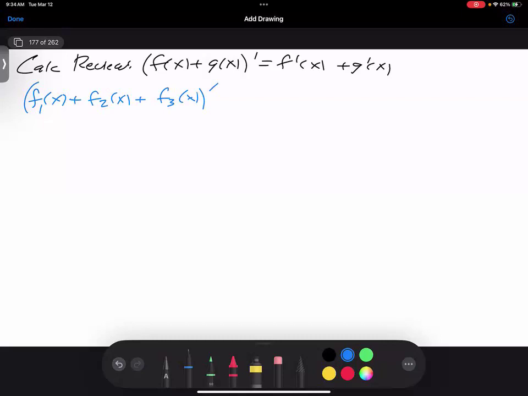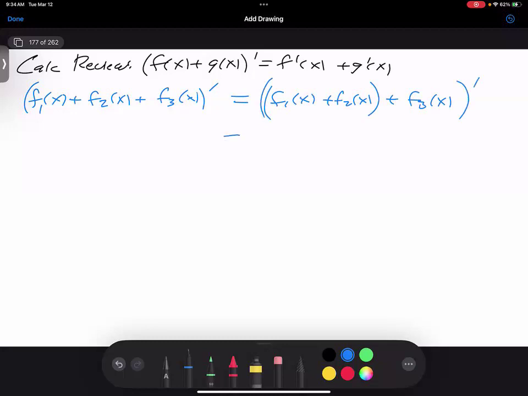Can you do it like how you were just doing a second ago, like grouped together? Yes, foreshadowing, the art of a good lecture, right? It's exactly the same idea. It's f1 of x plus f2 of x, put that in parentheses, plus f3 of x, and now we have a sum of 2 functions.